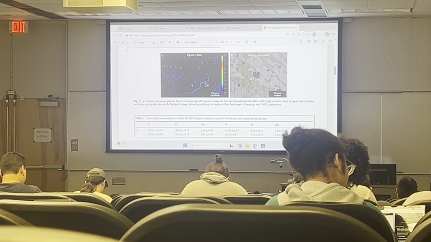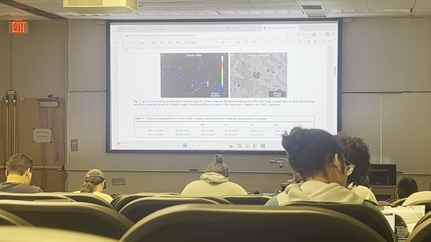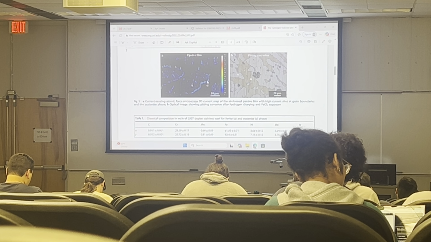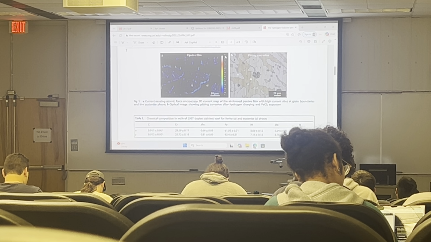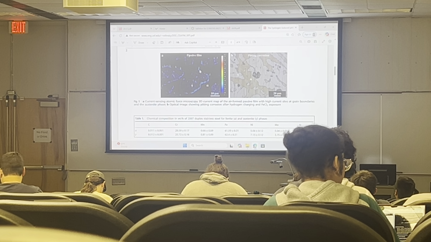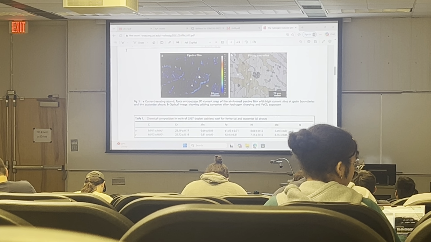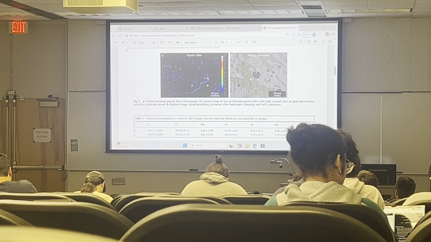This is scanning calcium probe microscopy. It shows the current at the grain boundaries, and these are the peaks in the current, and this is the scale. Basically this one picture explains why the corrosion attack starts at the grain boundaries.